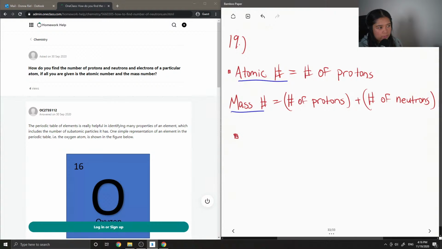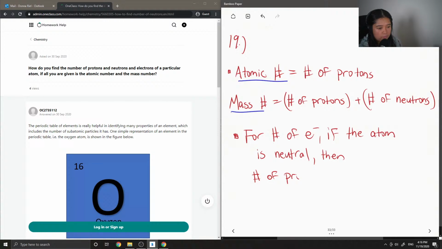And lastly, for number of electrons, if the atom is neutral, then the number of protons would be equal to the number of electrons. Since protons have a +1 charge and electrons have a -1 charge.